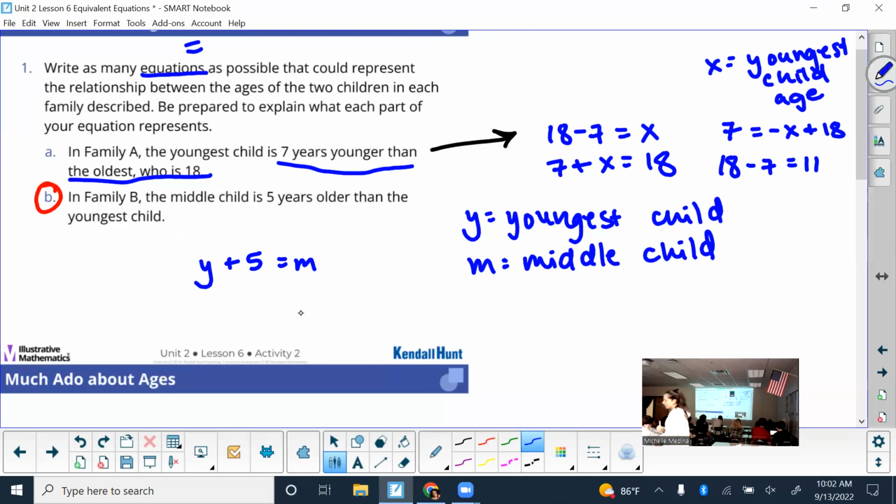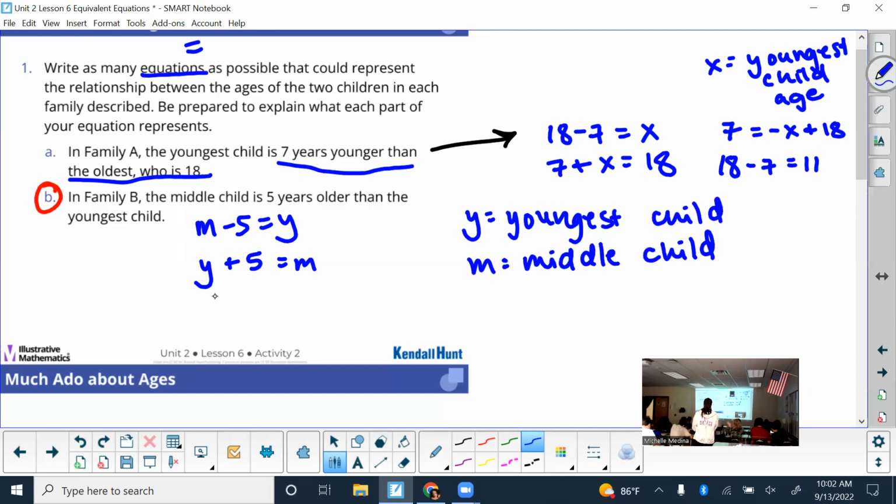What are some other equations I could write now that we know this one is correct? Yes, Jalen? M minus 5 equals y. Any others? What if I want both variables on one side?